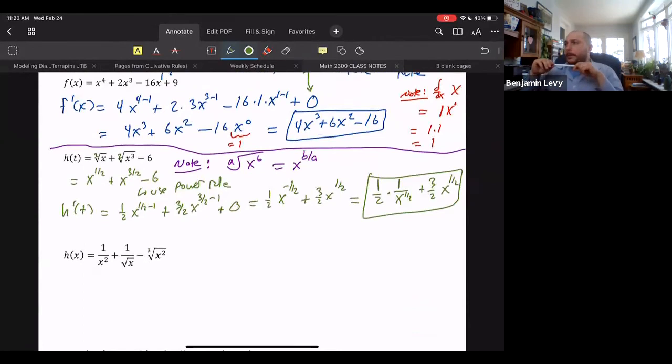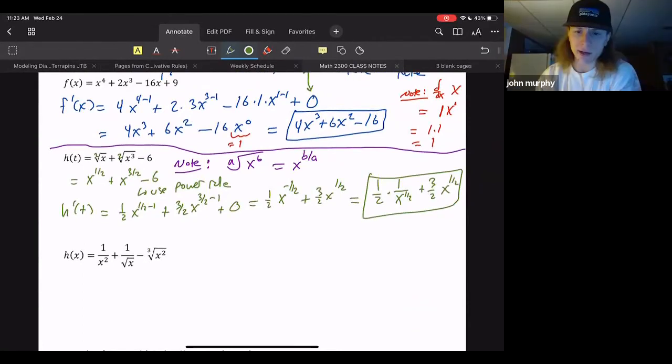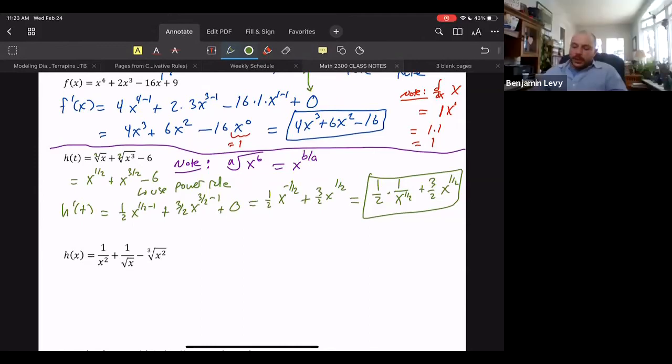Other thoughts? Yeah, why don't you leave the negative half exponent as is? Why do you multiply it? It's generally a convention that when you have a negative exponent, it creeps people out. I don't know. It's just a convention. I'm probably not going to be super picky about it. But you should understand that when you have a negative exponent, you can make it into a fraction, or if you have a fraction, you can flip it over into a negative exponent, right?